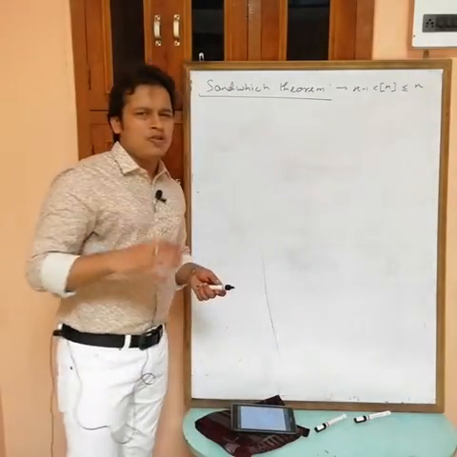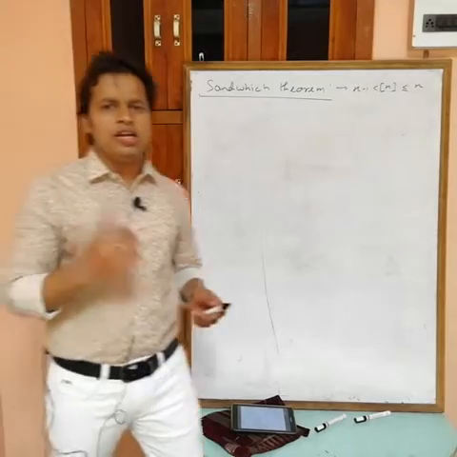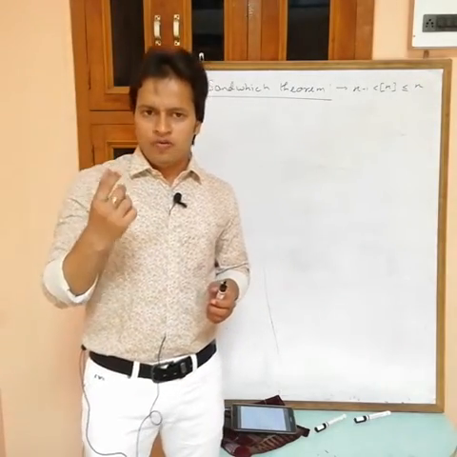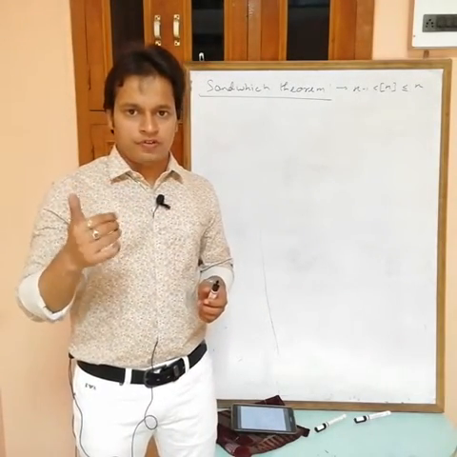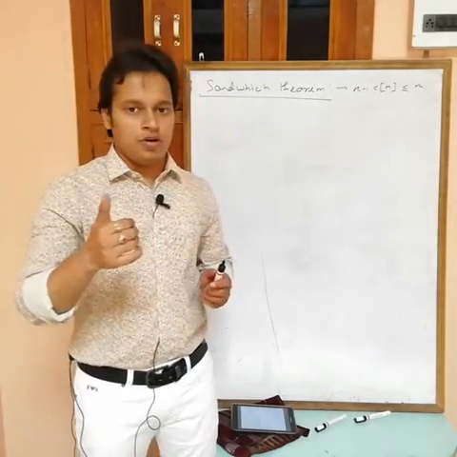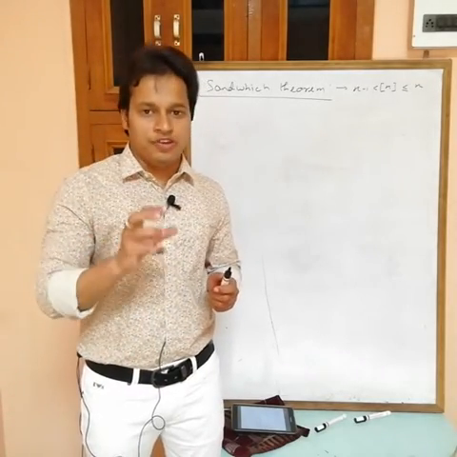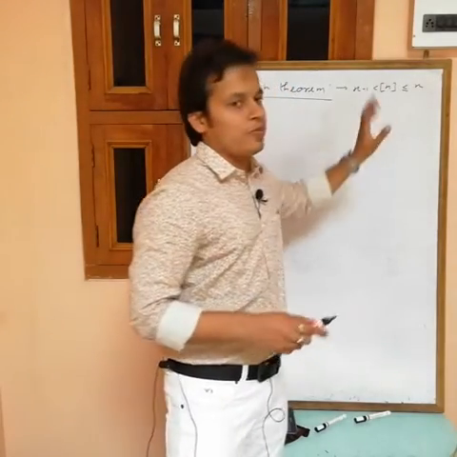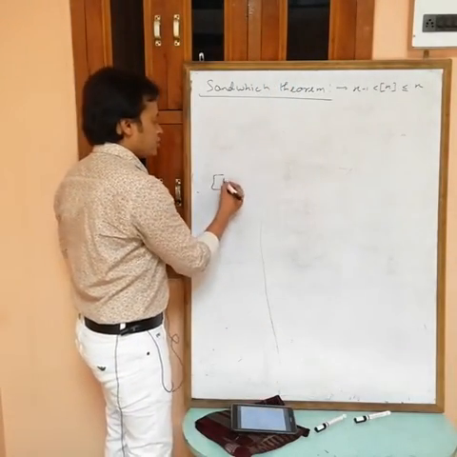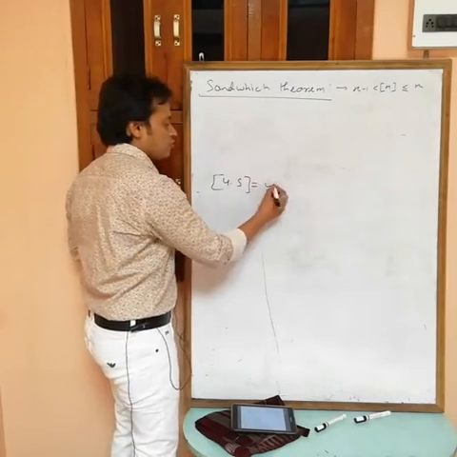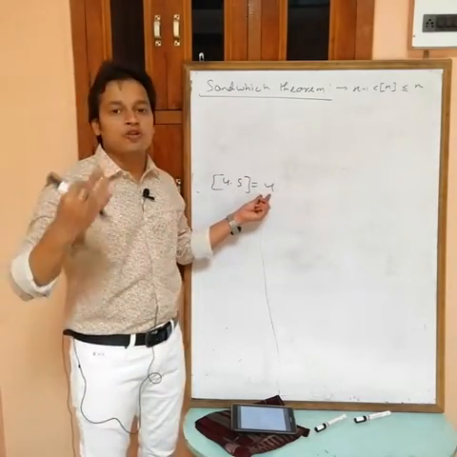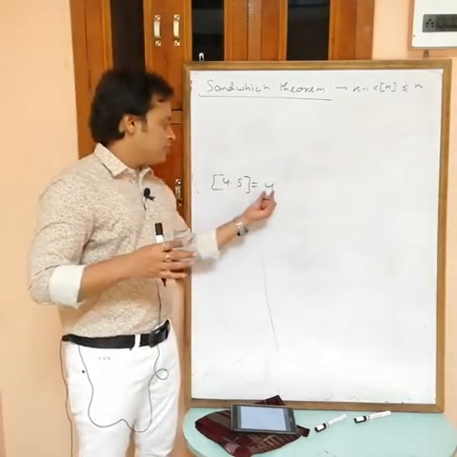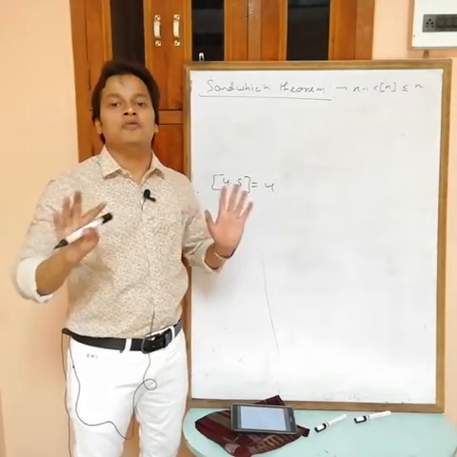The greatest integer of any number can't be less than that number minus 1. It means the greatest integer of x can't be less than x minus 1. Suppose the greatest integer of 4.5 is equal to 4, the difference of these two is 0.5. This difference can't be greater than 1.